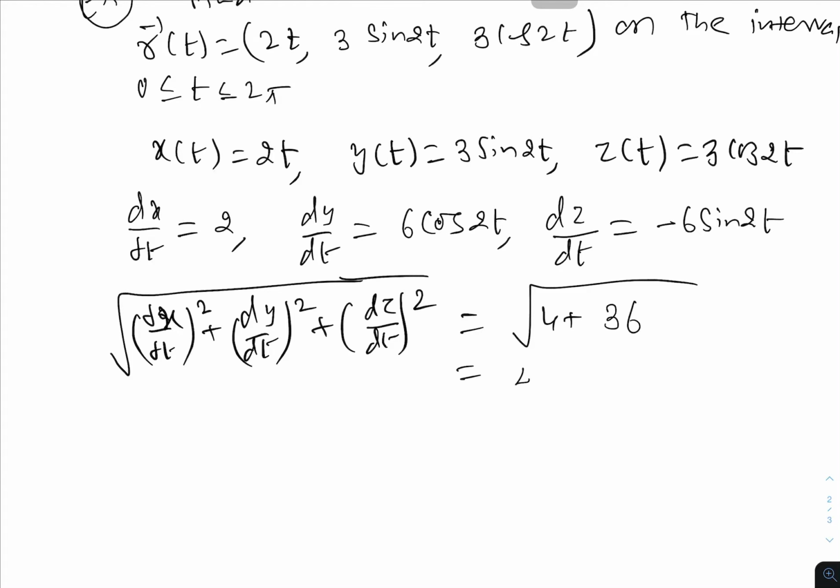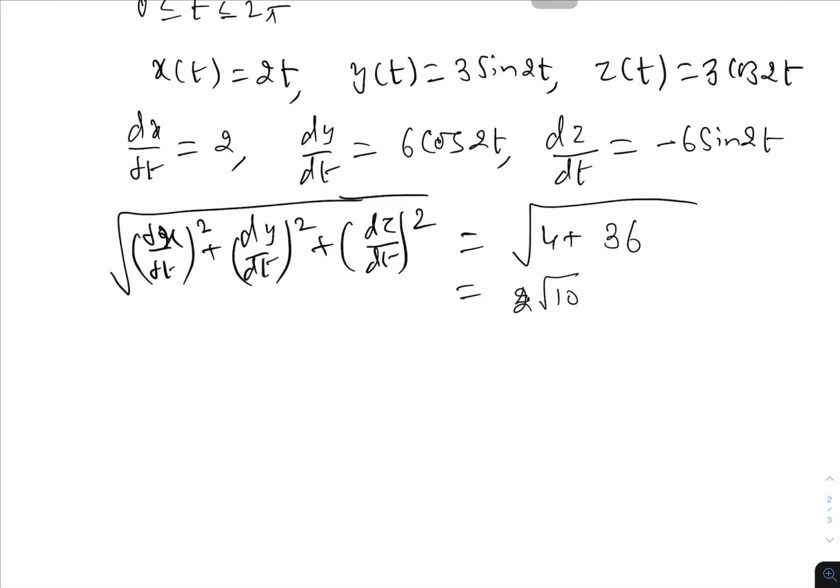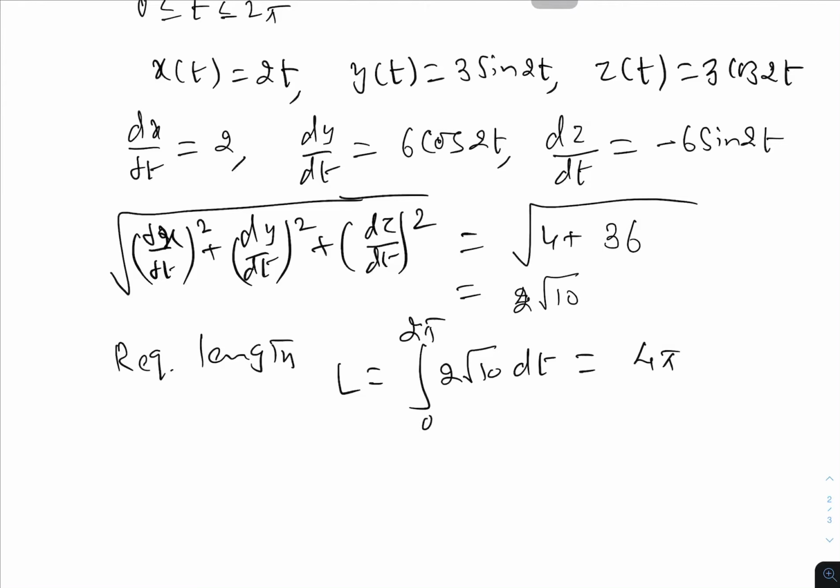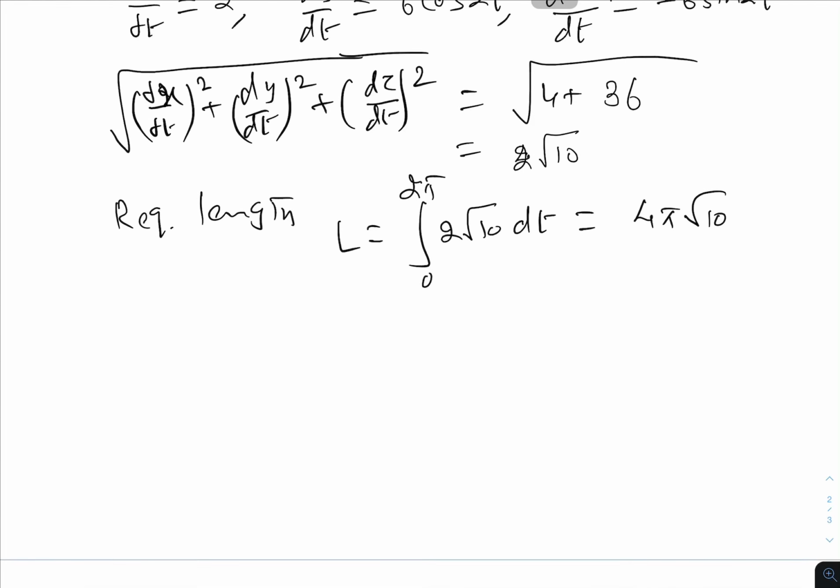You can write it as 2 root 10, and the required length is the integral from 0 to 2 pi of 2 root 10 dt, and so the answer is 4 pi root 10. So that's easy. I can give some examples to you as homework also.